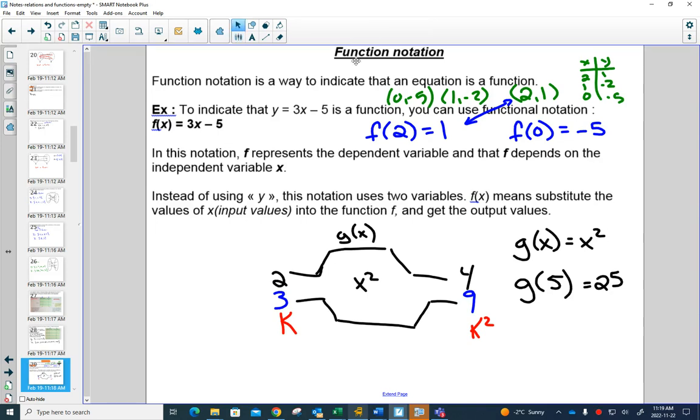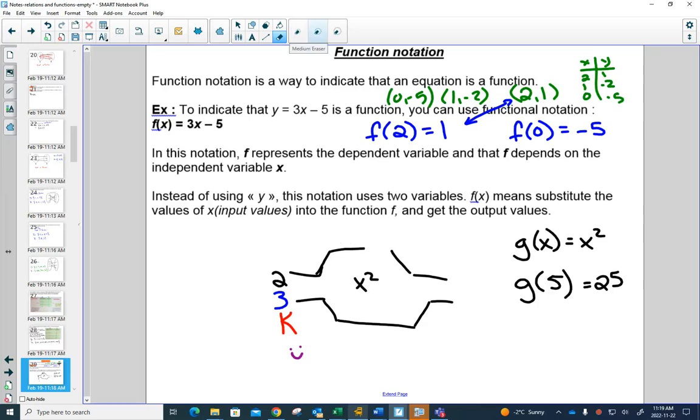We can get really, really abstract. What happens if you put a smiley face? You would get smiley face squared. That's really getting abstract, but the machine always squares whatever you put in. That's what the rule, when we write the equation, is like: the rule of the machine.